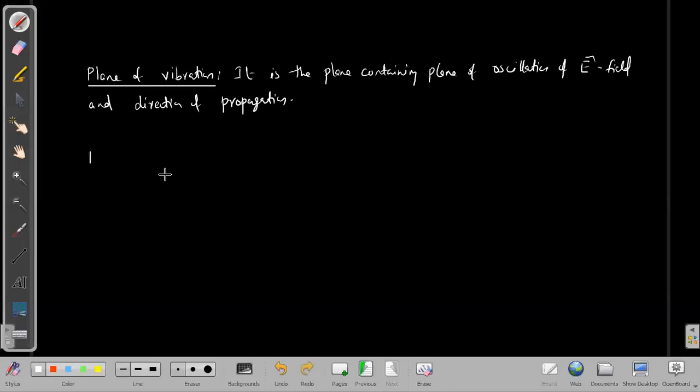We can have an example here before doing that. So this is the x direction for the time being, and the electric field is oscillating along this direction, or maybe this can be y.